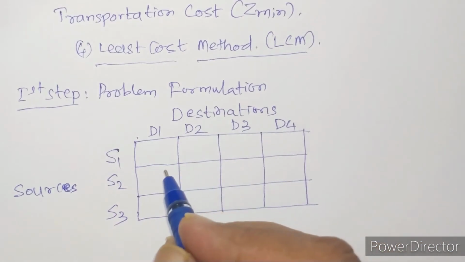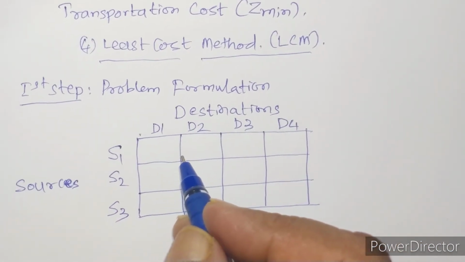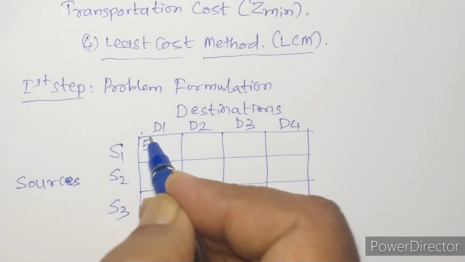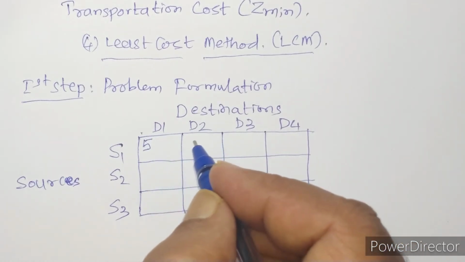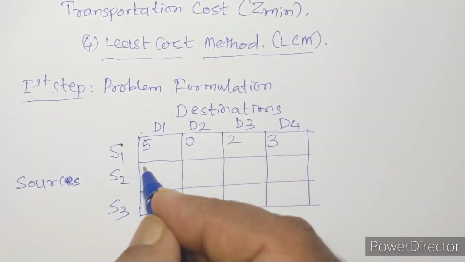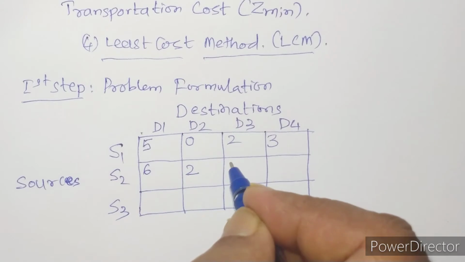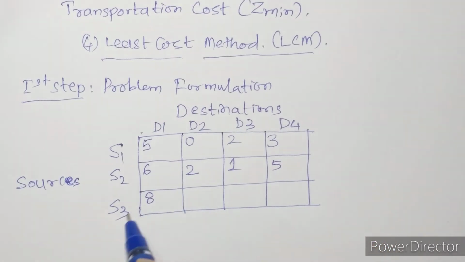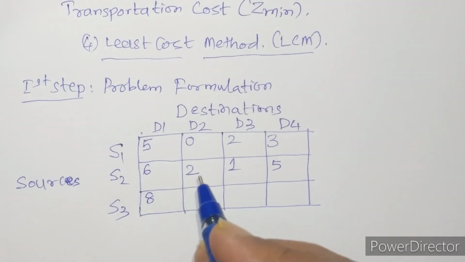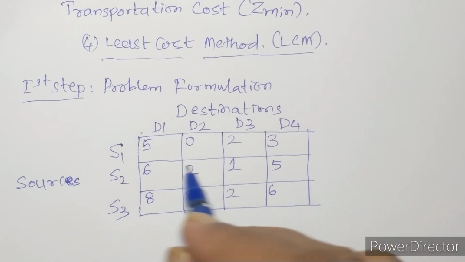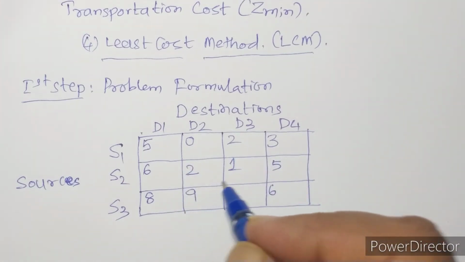In the transportation matrix cells, we have to write the unit transportation costs: 5 in the first cell, S1 to D1, then 0, then 2, next is 3, then 6, 2, 1 and 5. And in the third row, S3 to D1 is 8, and next is 9, 2 and 6. These are all the unit transportation costs.